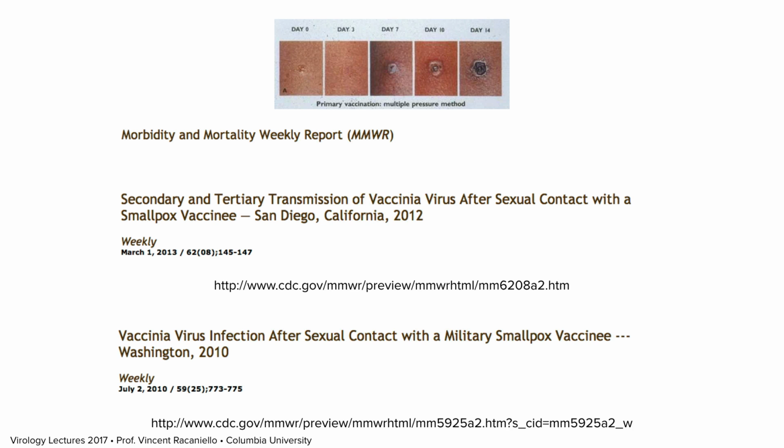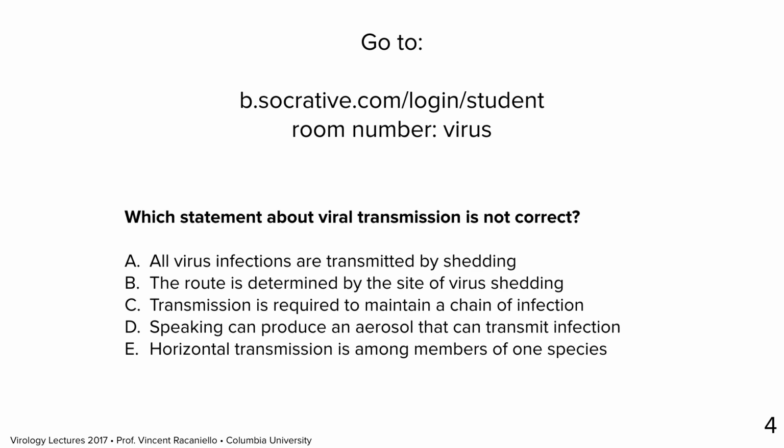So these are all military people, and you have to wonder, if they tell you to keep the Band-Aid on, why can't you listen? Are these good people to be defending our country? So anyway, when you get a vaccine, you get these lesions at the site of vaccination, and they shed virus, and that's how it's transmitted. So I still have my smallpox scar from when I was immunized as a kid, because back in the 50s, we still used to immunize, but no longer.